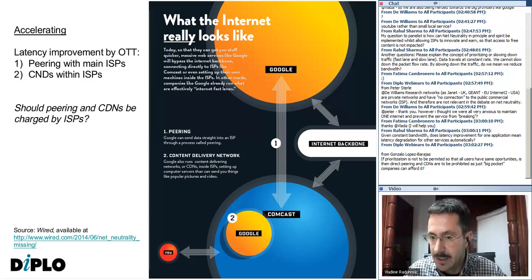Okay, I have one more question from Gonzalo. If prioritization is not to be permitted so that all users have the same opportunities, are direct peering and content delivery networks then to be prohibited, as just big pocket companies can afford it? This is one of the questions which we need to dive into more.